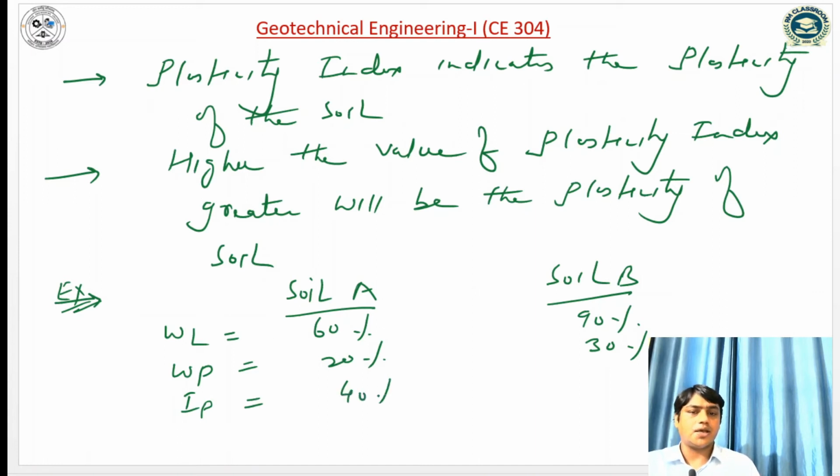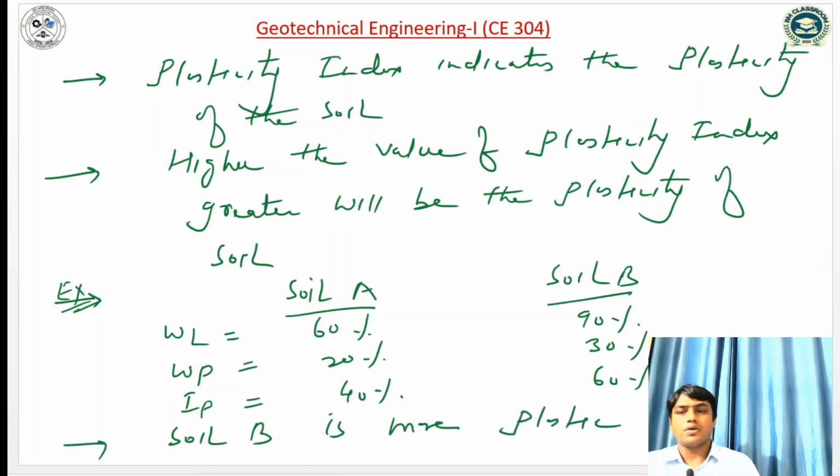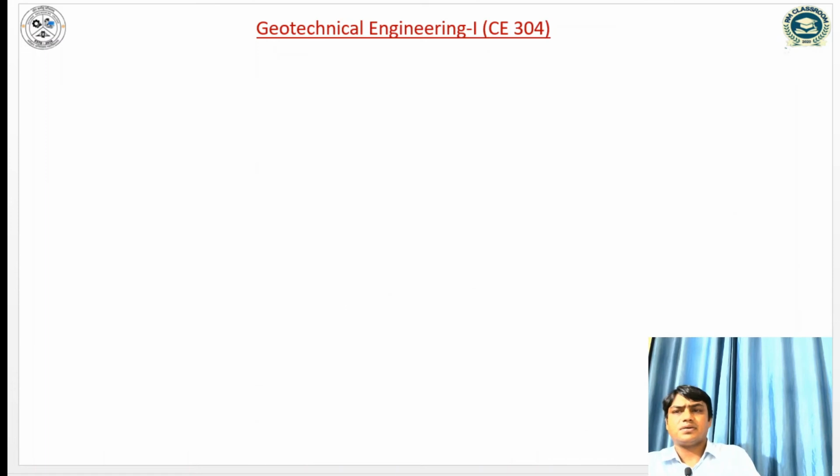So soil A has plasticity index 40% and soil B has plasticity index 60%, which means soil B is more plastic. So with the help of plasticity index, we can select which soil is more plastic.